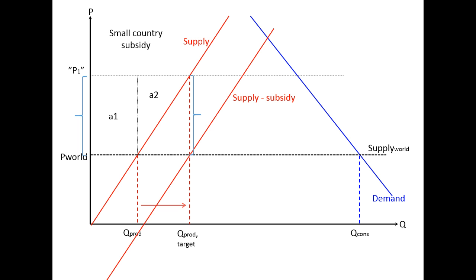And the government will pay the subsidy, that's P1 minus P world times the quantity that is actually produced, the Q prod target. So they're going to pay for A1, A2 and this area B here. So this rectangle here is the governmental cost.